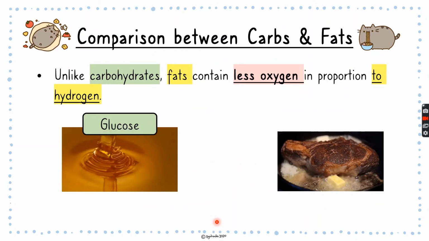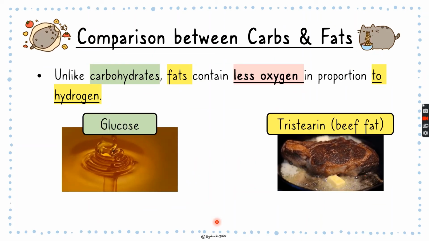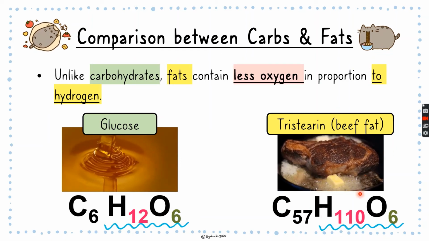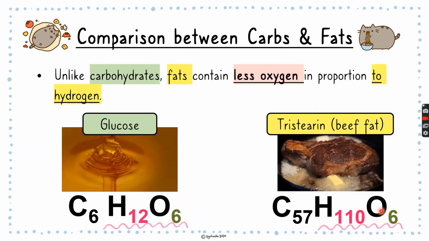So here is your glucose that you can find in honey, and this is stearin, which is beef fat. You can see over here that the ratio is 2:1 between hydrogen and oxygen, like in water. But for fat, you can see that there is much higher hydrogen in ratio to the oxygen.